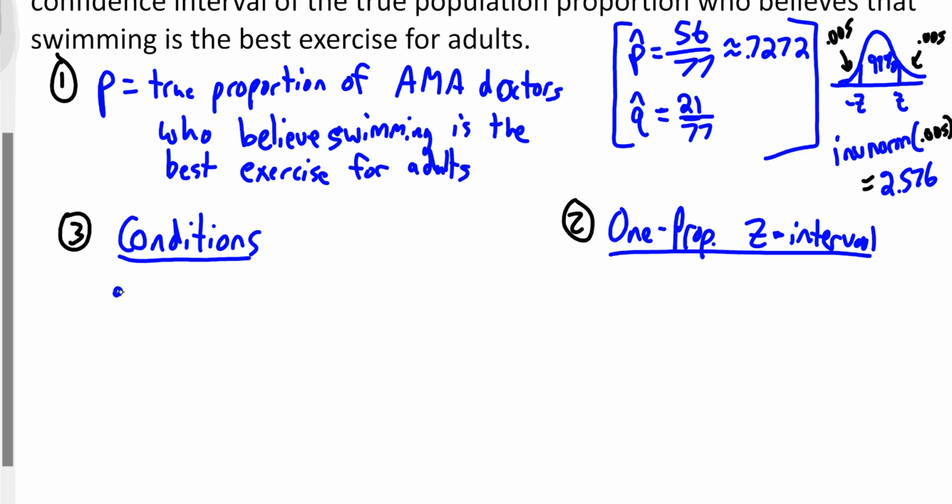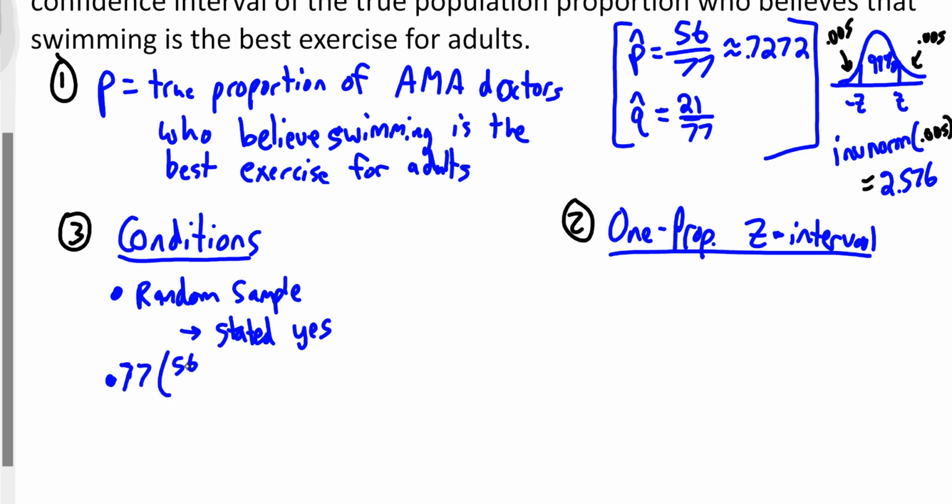Condition 1, is it a random sample? It is. It is a random sample of 77 AMA doctors. So we'll say it's stated. Second one, is it approximately normal? Can we check the large counts condition? So if we have 77, n times p would be 77 times the 56 out of 77.